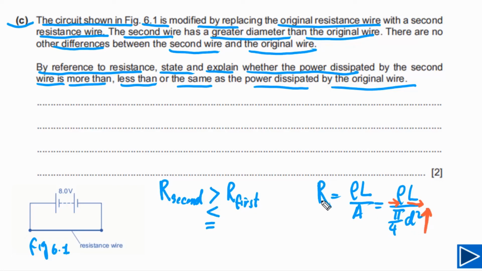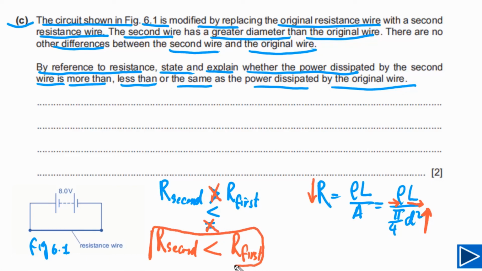If the diameter increases, it means resistance will decrease. So it means that the resistance of the second wire is less than the resistance of the first wire. This is a very important piece of information about resistance, so we have to mention this in our answer.